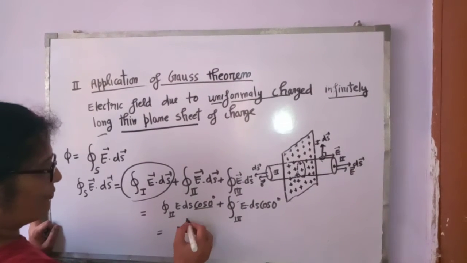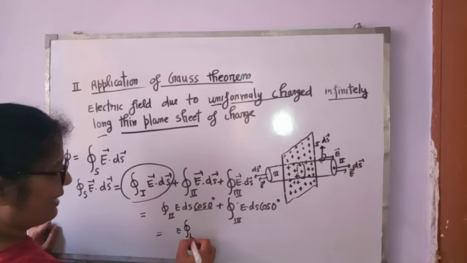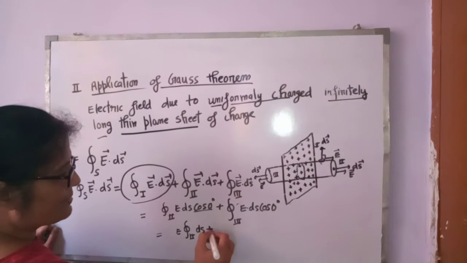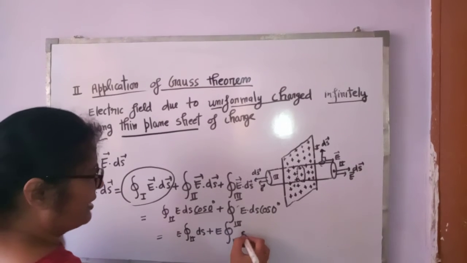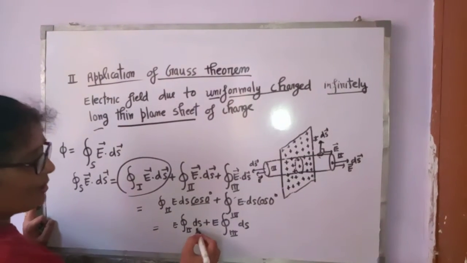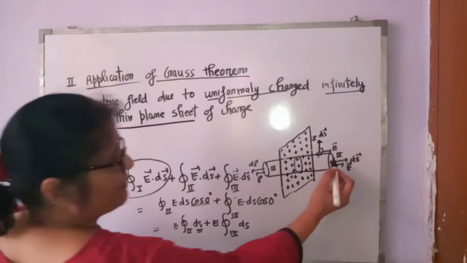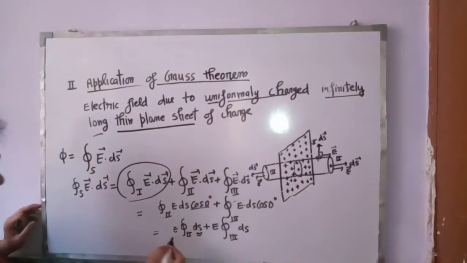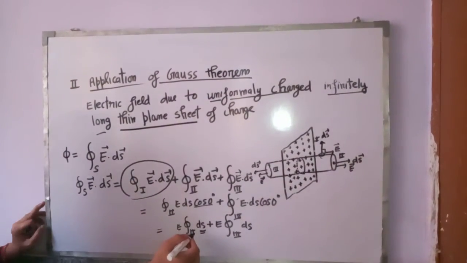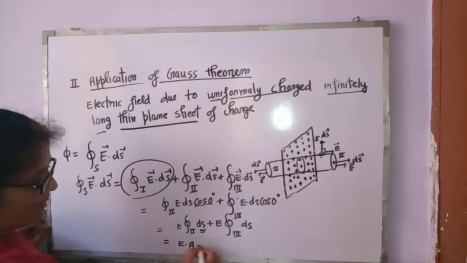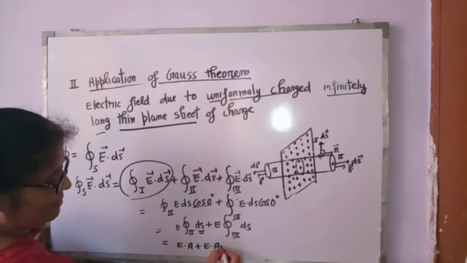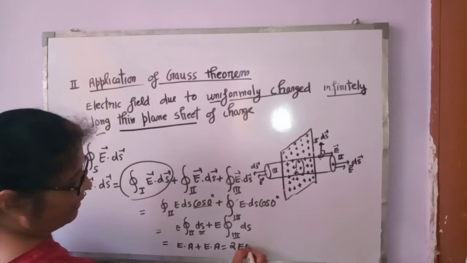You can write: second part dS plus E comes outside because it is uniform, third part dS. Now what is the value of dS? It is the area. If you take this area equal to A, then the value comes out to be EA plus EA, which becomes equal to 2EA.